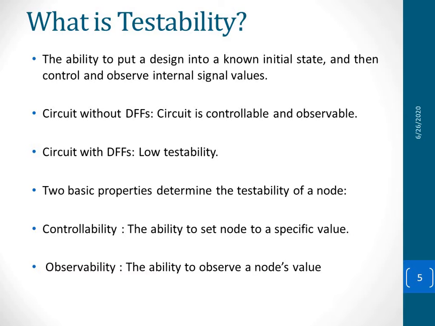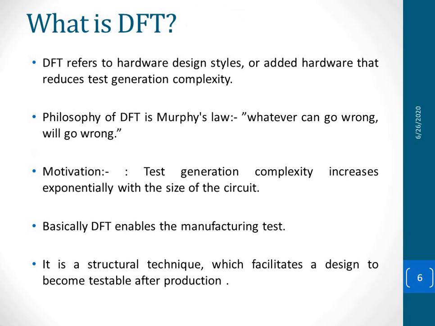Two basic properties determine the testability of a node. They are called controllability and observability. Controllability, in short, is the ability to set a node to a specific value, whereas observability is the ability to observe a node's value. So what is DFT?